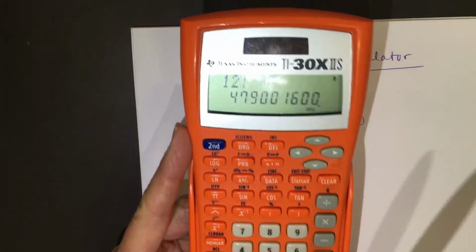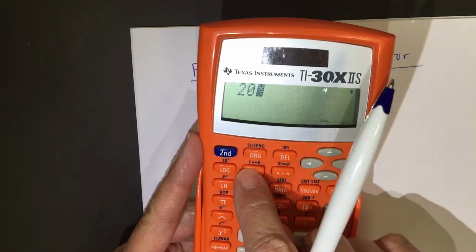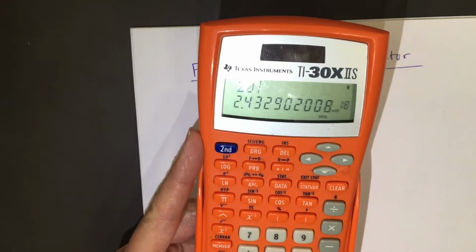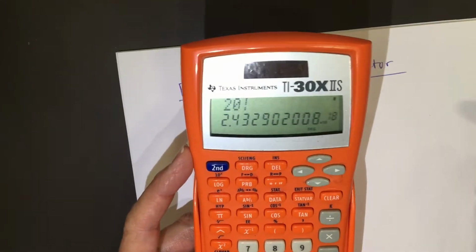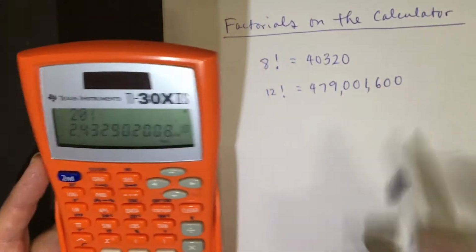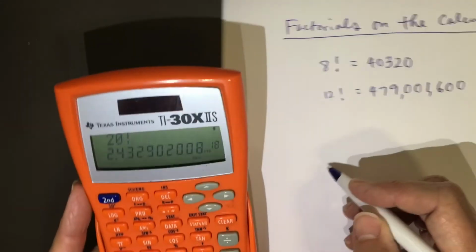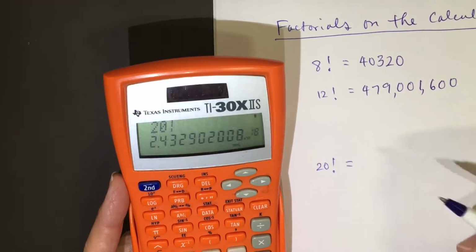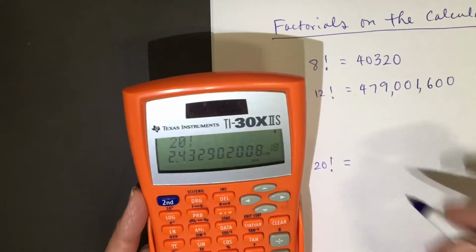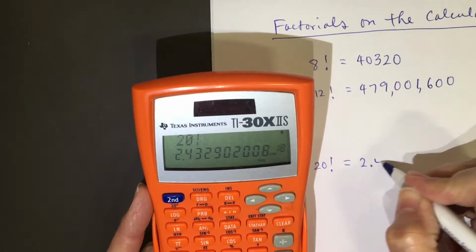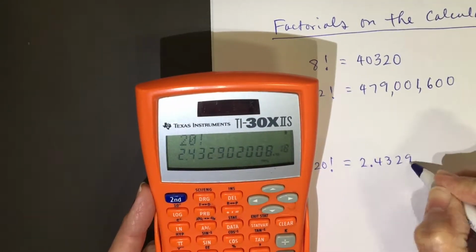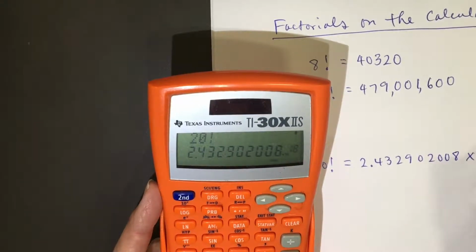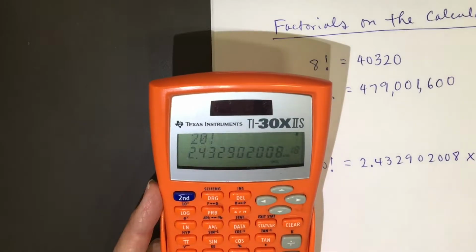If I type in 20 factorial, I get this in scientific notation. I'm going to skip some space because I will fill in a couple more in between. 20 factorial is 2.432902008 times 10 to the 18th power.